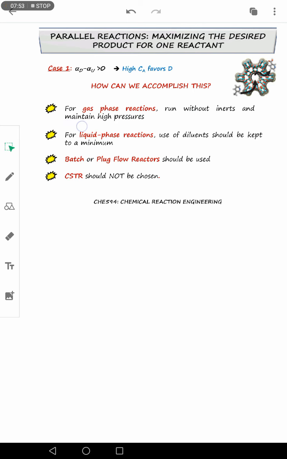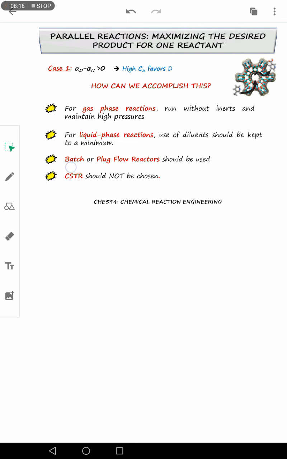If you maintain high pressure, the concentration will always be high. For liquid phase reactions, you have to make sure that the diluents of the concentration of reactant are kept to a minimum as well.